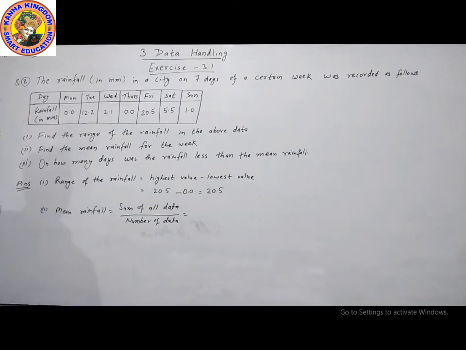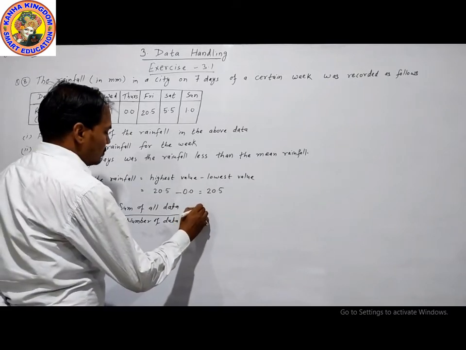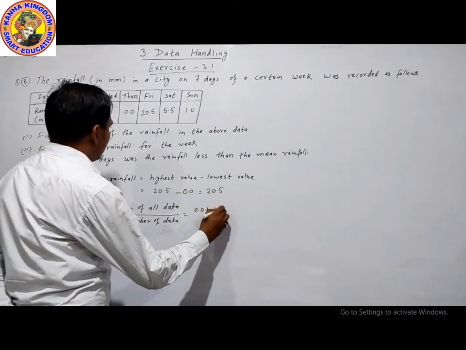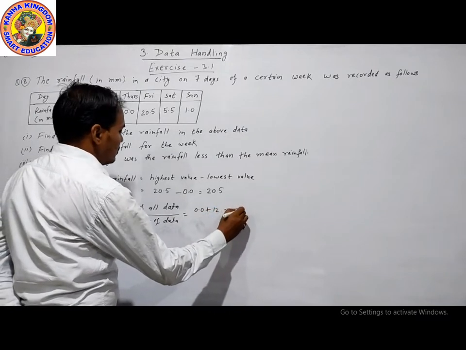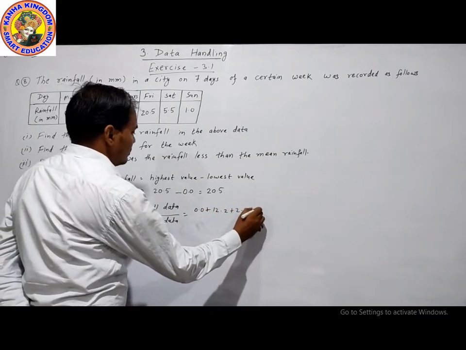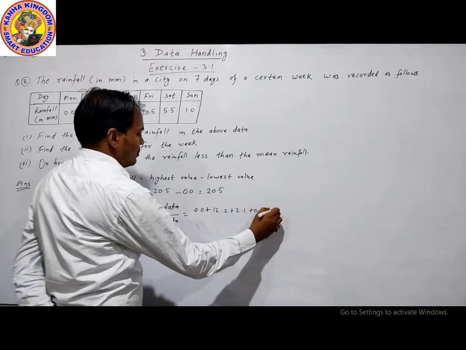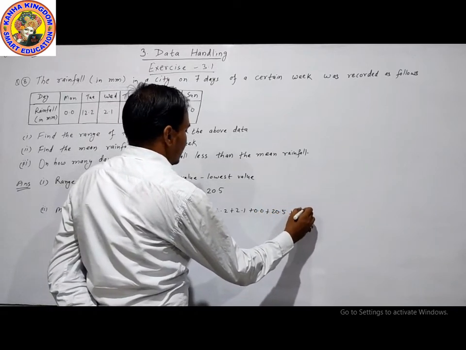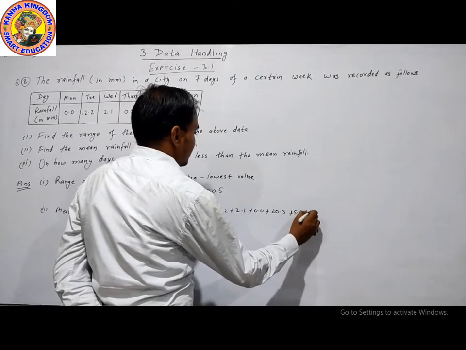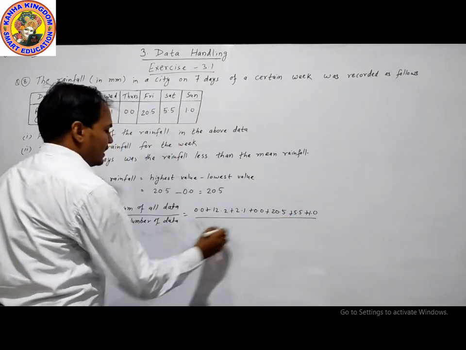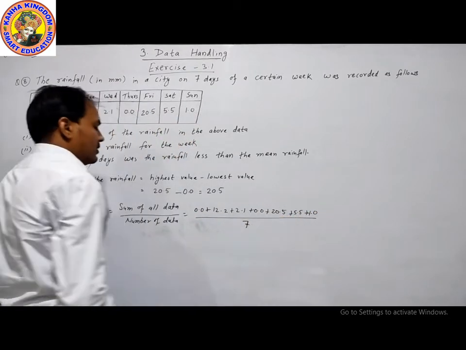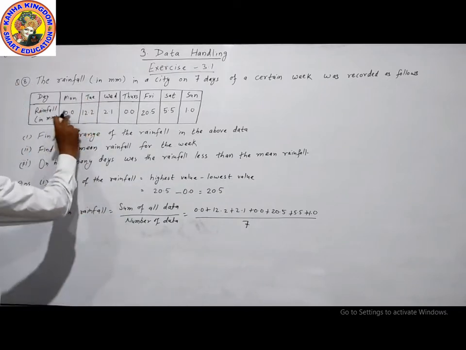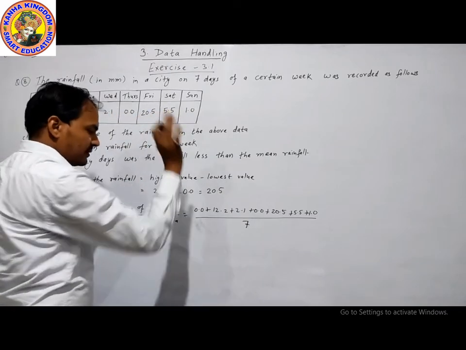Sum of all data: 0.0, 12.2, 2.1, 0.0, 20.5, 5.5, 1.0 divided by 7. 1, 2, 3, 4, 5, 6, 7.